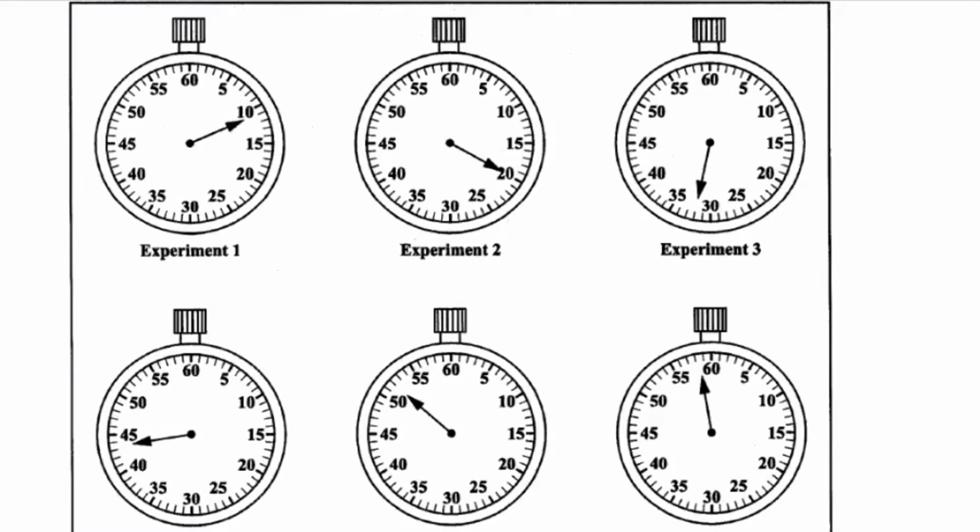Firstly, we always figure out the scale on whatever instrument we're using. In this case, each of these little strokes that we see represents 1 second. So it's a 1 minute stopwatch, and each of them is representing a second.